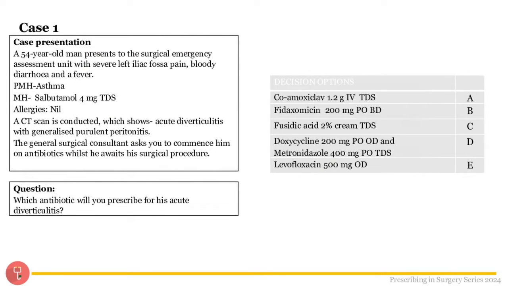I'll just release the poll. So far, most people are going for option A, which is co-amoxiclav 1.2 grams IV TDS, with some going for option D, doxycycline and metronidazole, and option E, levofloxacin.